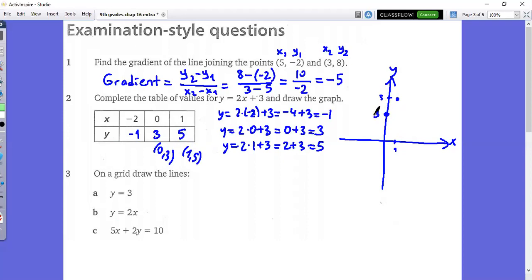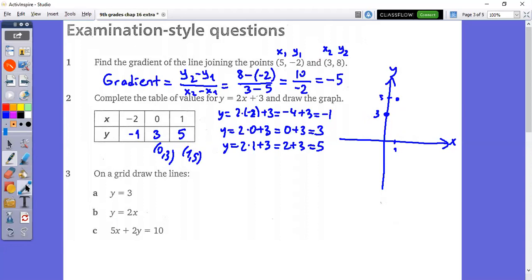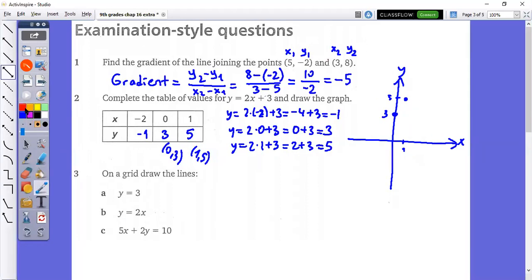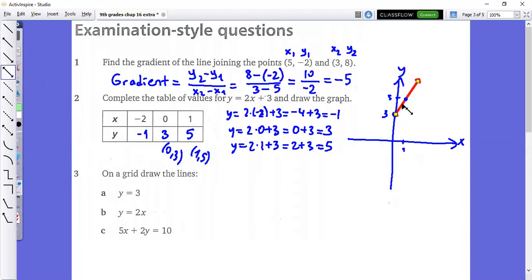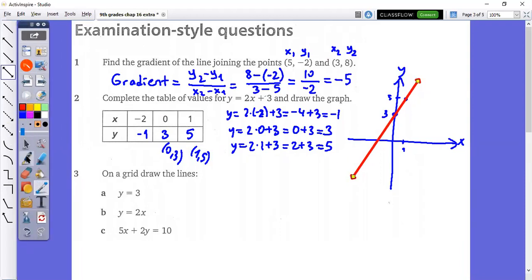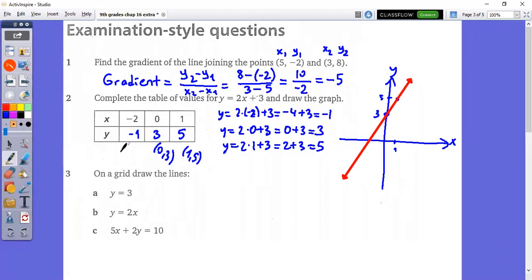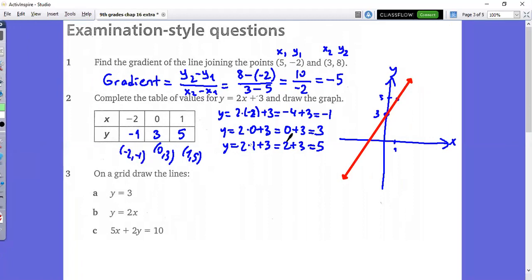So when we join these 2 points, is the third point passing through the line? Check it. It's (-2, -1). The x coordinate is -2. So, oops.